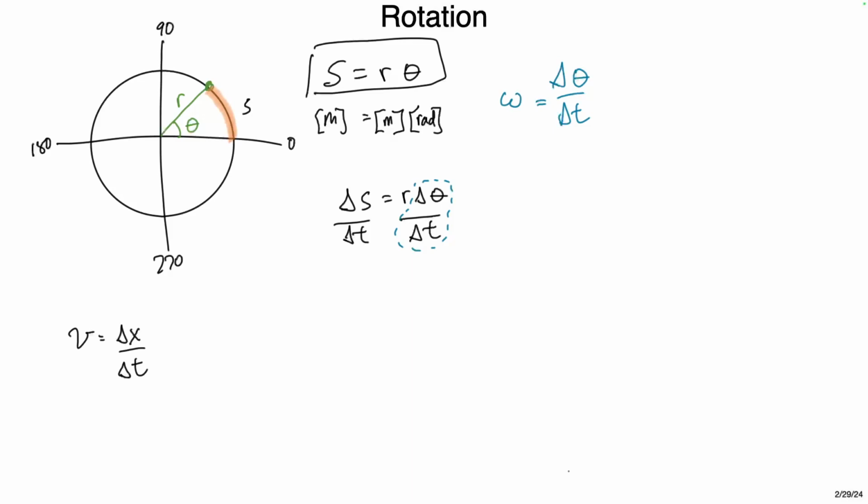Now, fair warning, okay? You need to understand that that letter is the Greek letter omega, the lowercase Greek letter omega. That is not a W. This is a W.